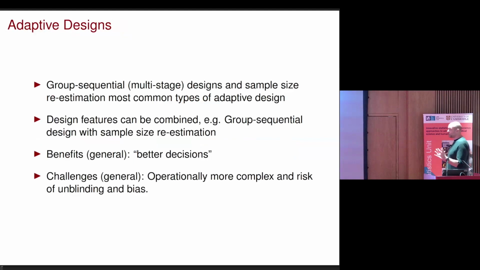So group sequential, multi-stage design, and sample size re-estimation are the most common types of adaptive designs. We can combine these design features, so we can have a group sequential design with sample size re-estimation. The benefits in general are I get better decisions at the end.